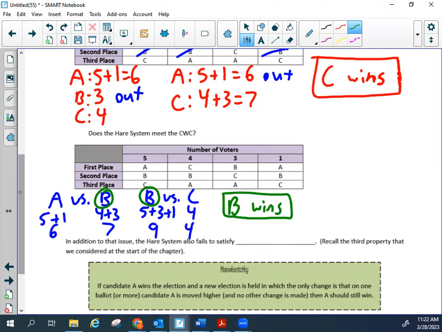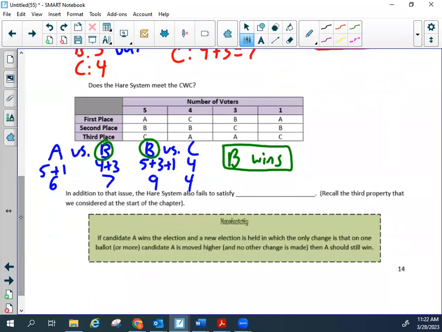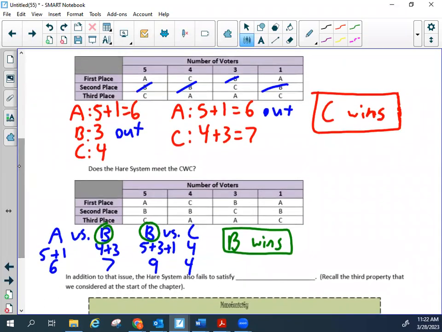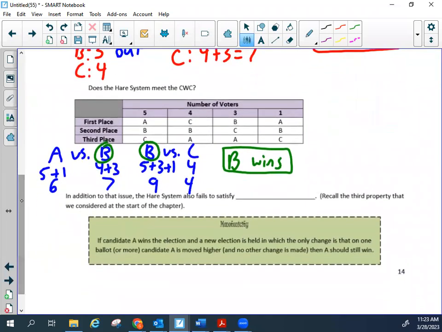So does this Hare system meet the CWC? It does not, because using the Hare system, C was our winner, but using Condorcet's method, a different method of voting, B wins. So because they're different winners, my apologies, folks, I might have something wrong here.